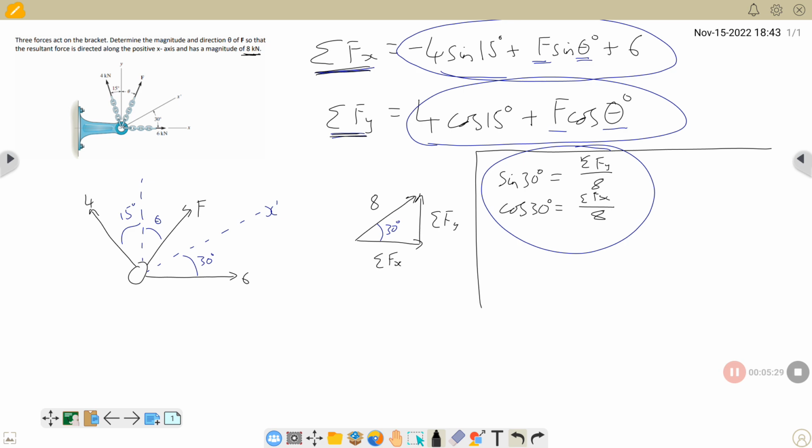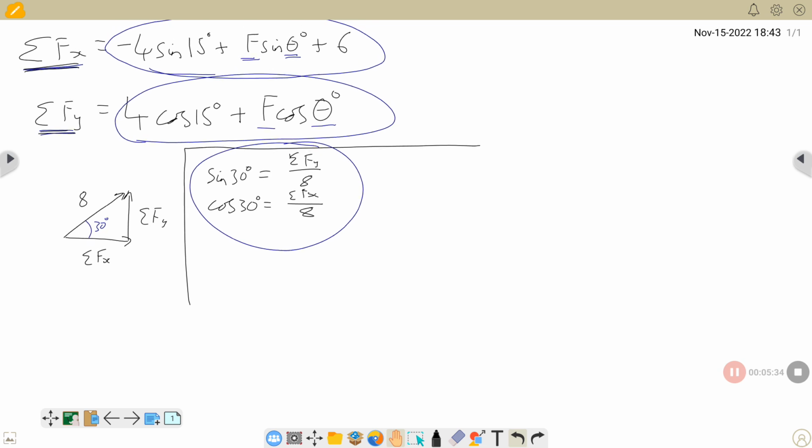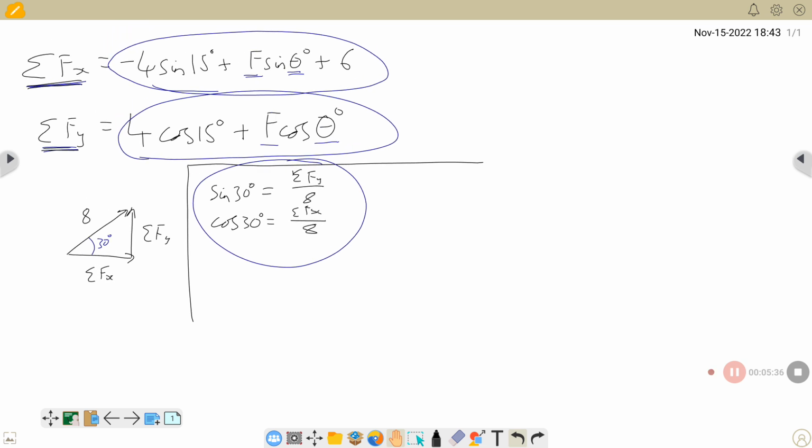So let's just make a little bit more room. We can say then sine of 30 is equal to minus 4 sine of 15 plus F sine of theta plus 6, all over 8.